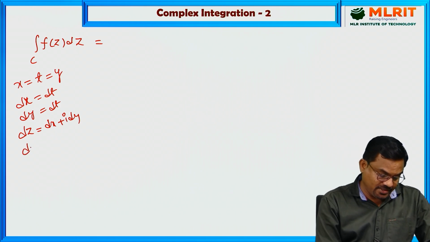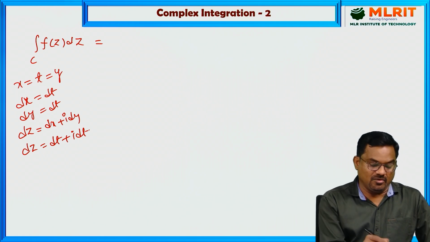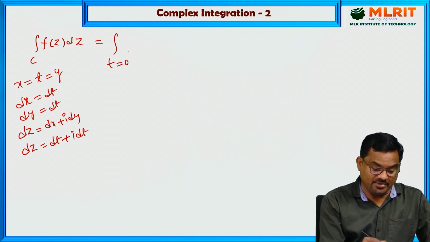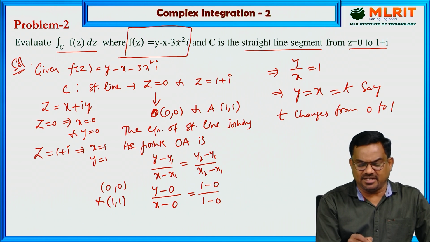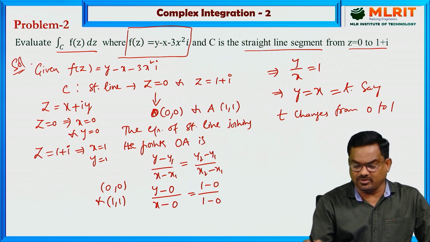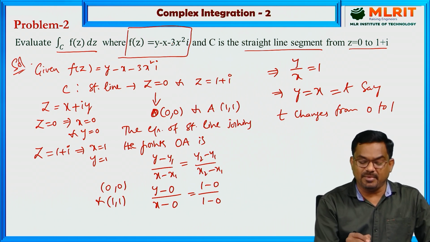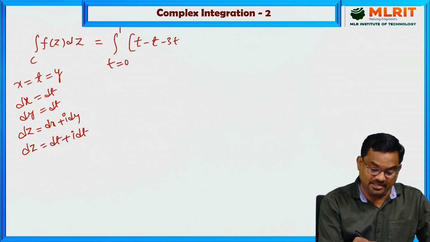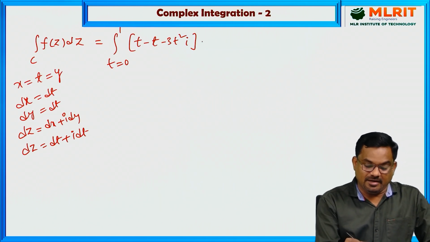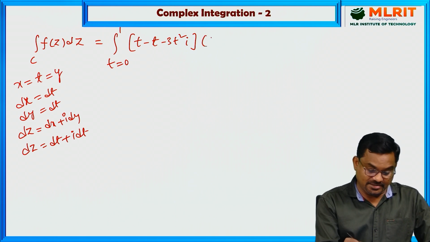So therefore dz will be dt plus i dt. Now using all this, t from 0 to 1, and here the function is y minus x minus 3x square i, where x equal to y equal to t. So t minus t minus 3t square i, dz. dz means dt plus i dt.